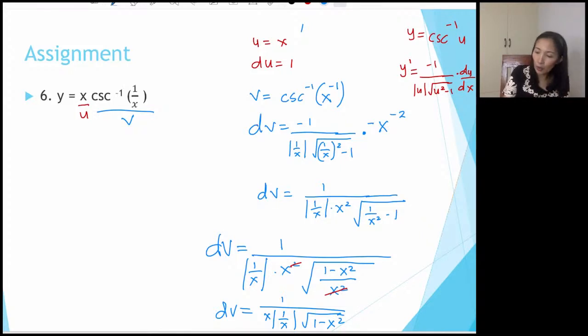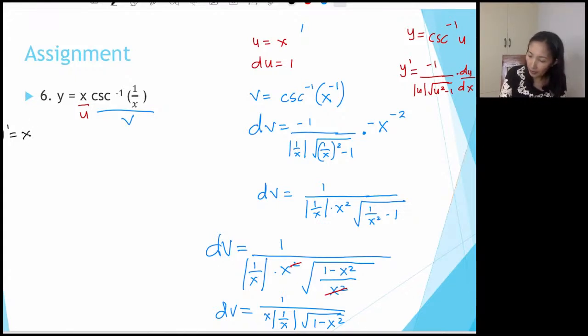Okay, so going back to number 6, then y prime is equal to u dv plus v du, the whole of this.